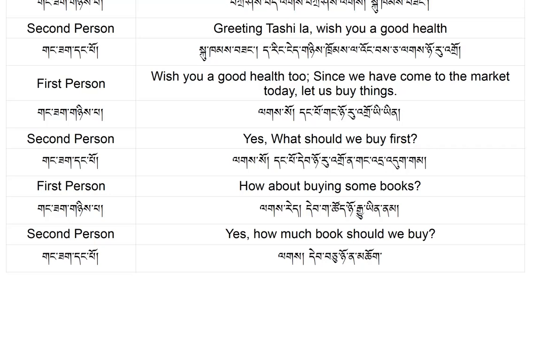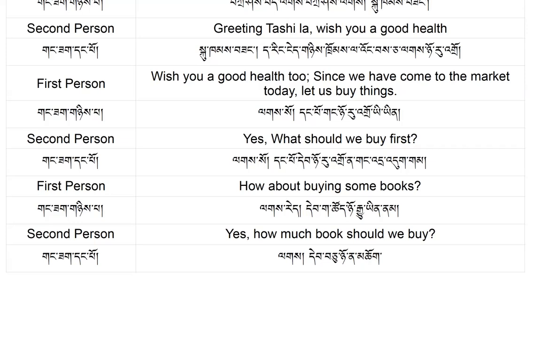And so we see Tashila is answering 당보 라소, which is to acknowledge that I have heard what the person has to say. Say 라소, which is more or less to say okay. 당보 탭 녀루드러나 강자 독함, which is how about buying some books first?